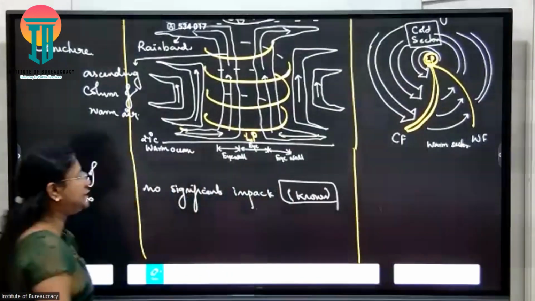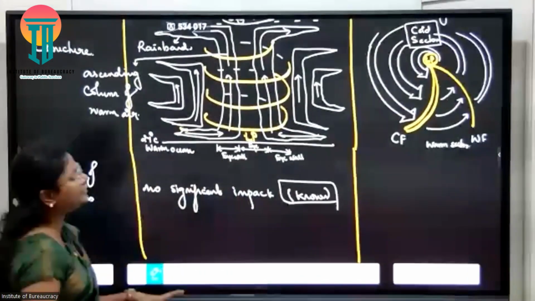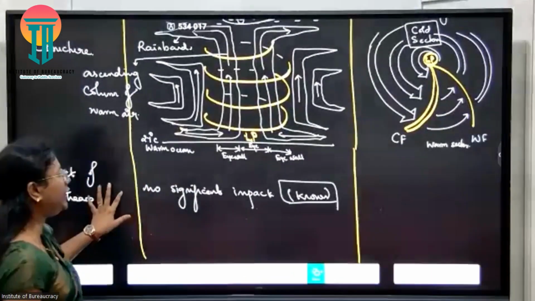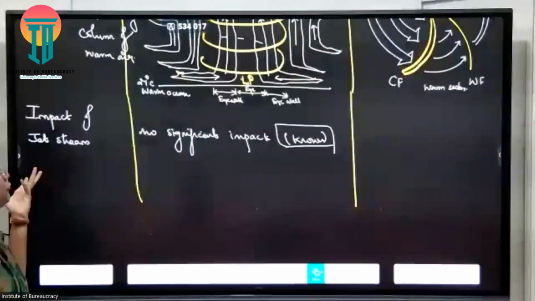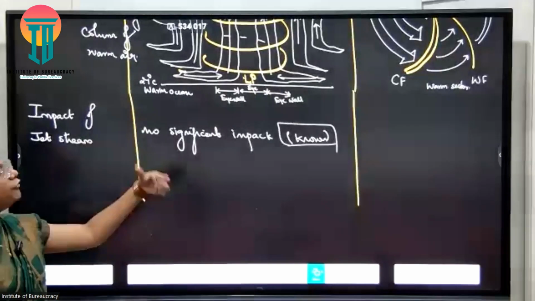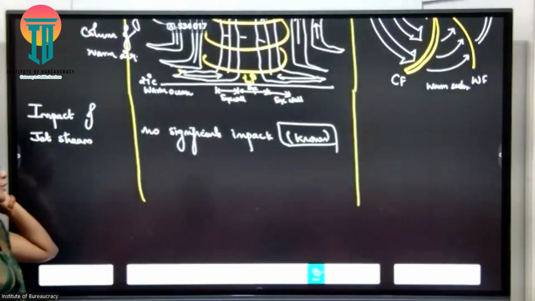It is an incomplete study. The study of the impact of jet stream on tropical cyclones is relatively incomplete. Therefore, as of now, we do not find any significant impact of jet stream over the formation or the mechanism, or the distribution of my tropical cyclones.